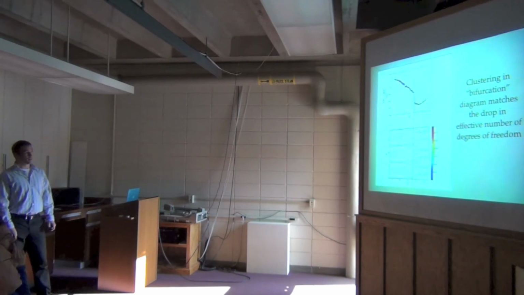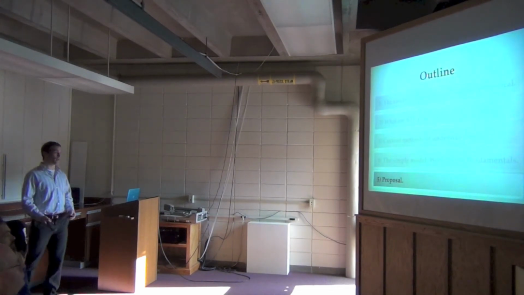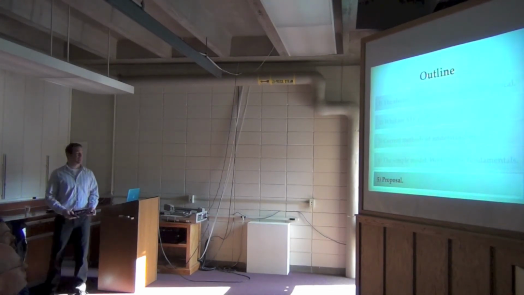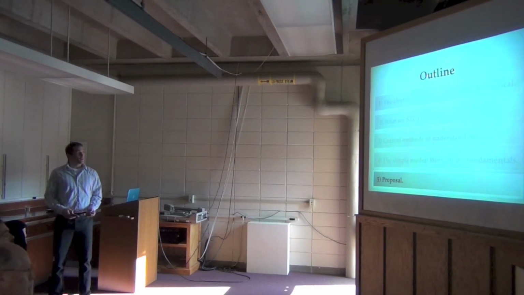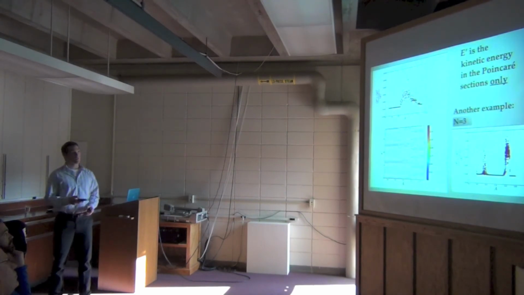And that leads me into my proposal. So what do I want to do with the rest of my time here? Well, it turns out you find something really interesting if you look at the squared fractional deviation only in the Poincaré sections.